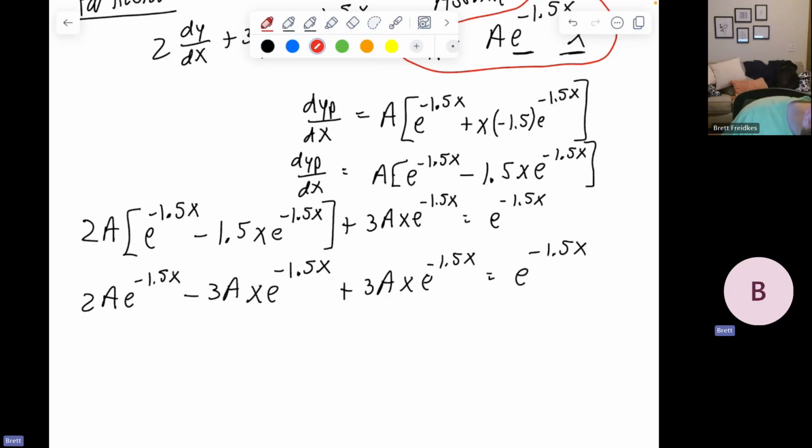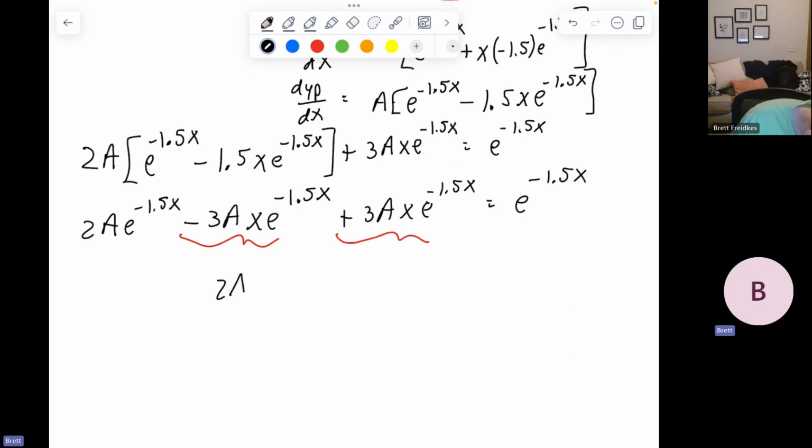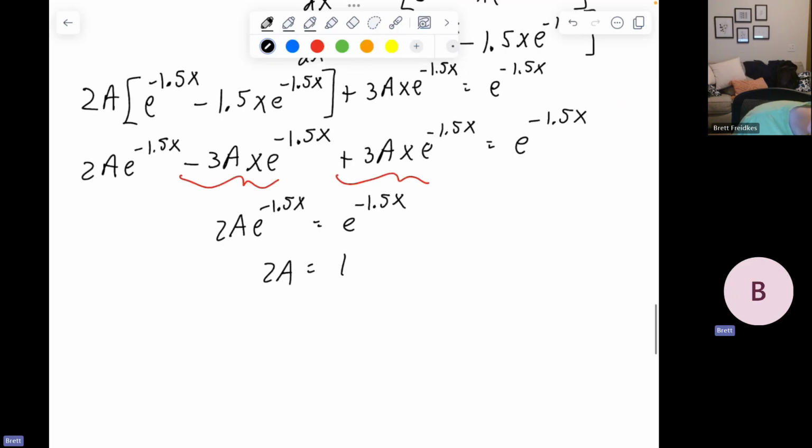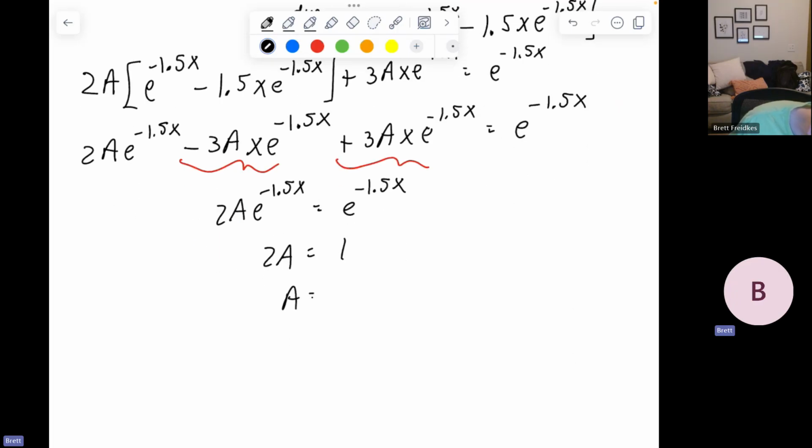And now we can see something really nice that happens, that this guy and this guy are identical. They're equal and opposite. So they will sum to 0. So we end up having 2a e to the negative 1.5x equal to e to the negative 1.5x. The exponentials can cancel. That gives us 2a is equal to 1. We get that a is equal to half.